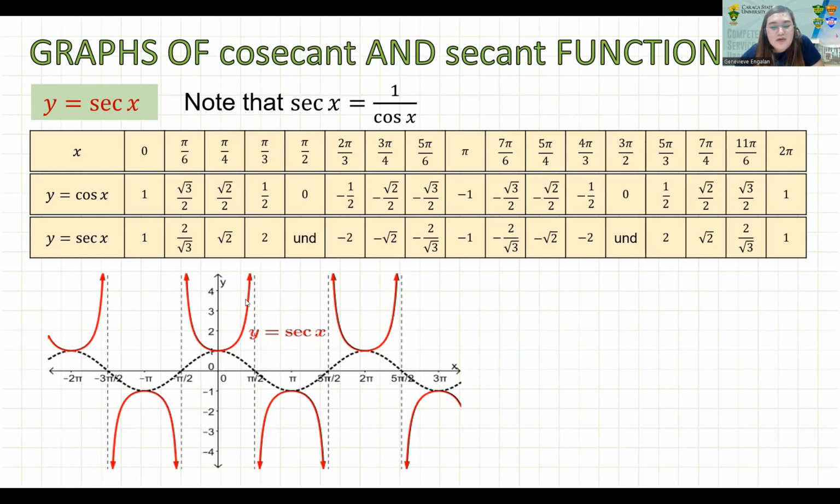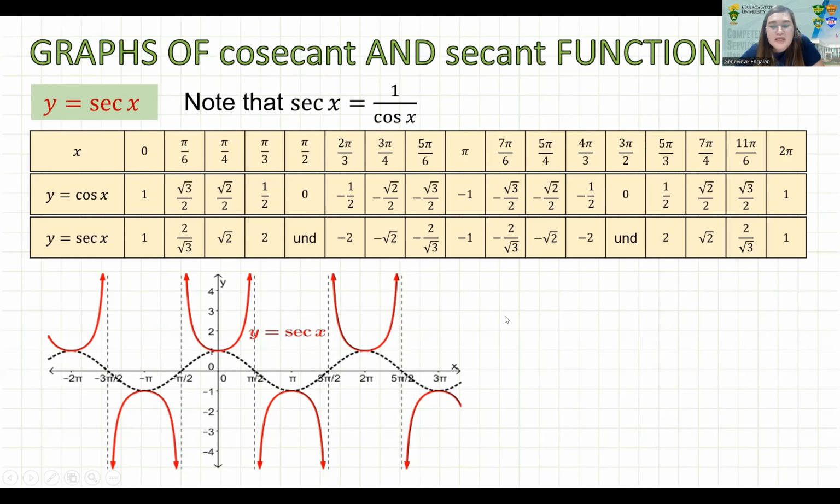So mao na sa pi over 2 naay imaginary line dira diri pod and dira. So pasabot walay value ang function dira nga part. Okay, so mao na siya dira. Okay, so as you can see kining itom mao ra pud na ang atong cosine nga function, mura siya gipatong, no? Okay.